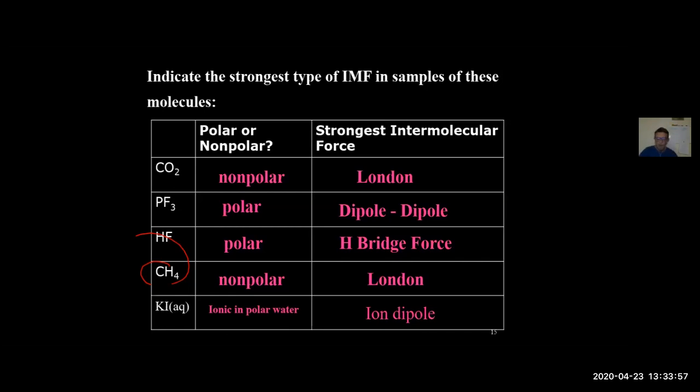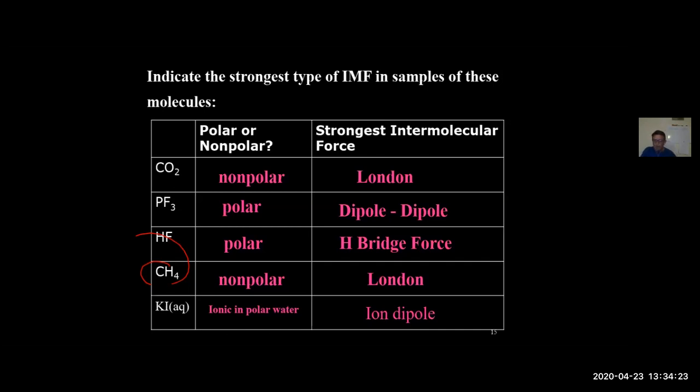Okay. Let me summarize here. To determine what force a molecule has, you have to first determine whether it's polar or nonpolar. And if it's nonpolar, then London forces. If it is polar, then you have to decide, do I have hydrogen bonded to either nitrogen, oxygen, or fluoride?